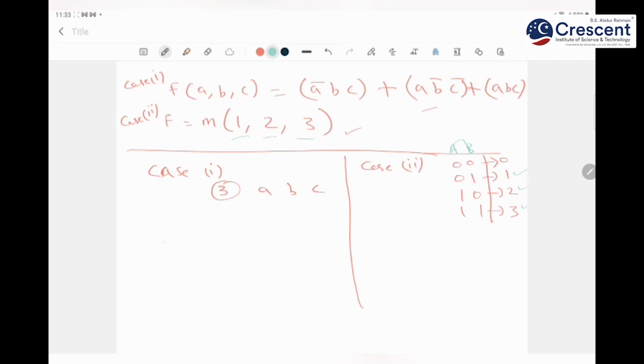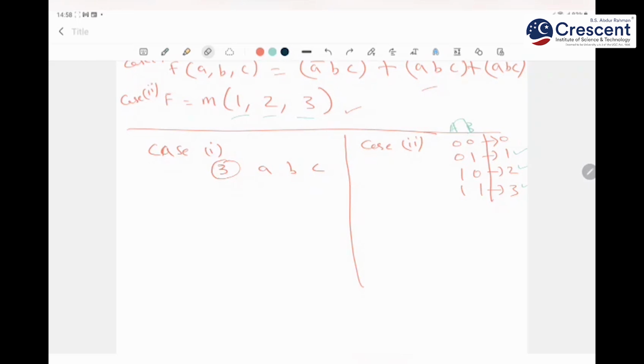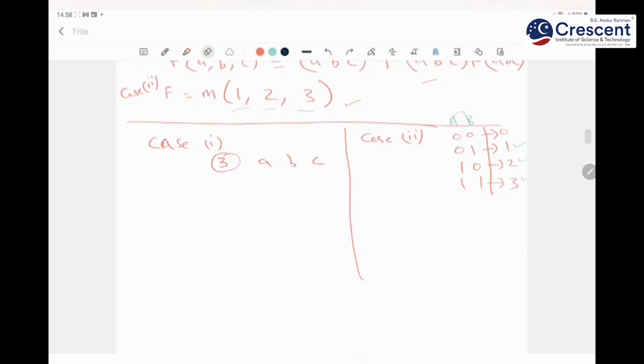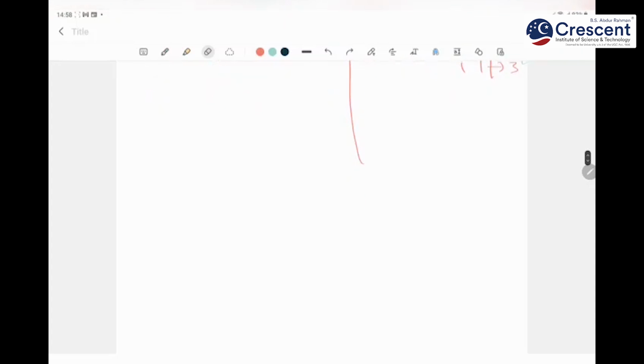Now let us see what the steps involved in reducing a Boolean expression using K-map are.